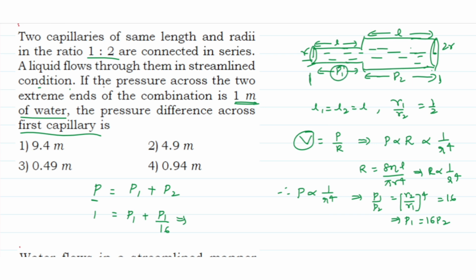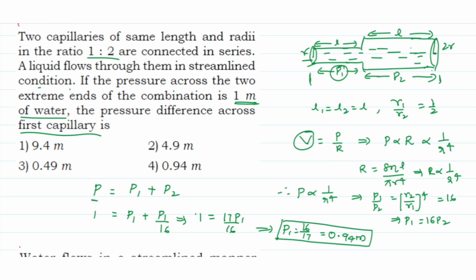So 1 equals 16 P1 plus P1, that is 17 P1 by 16. That implies P1 is nothing but 16 by 17, which is nearly 0.94 meter. So this is the pressure difference across the first tube.